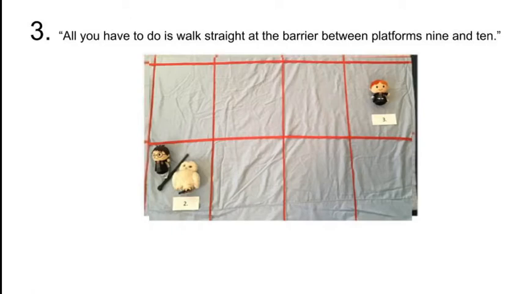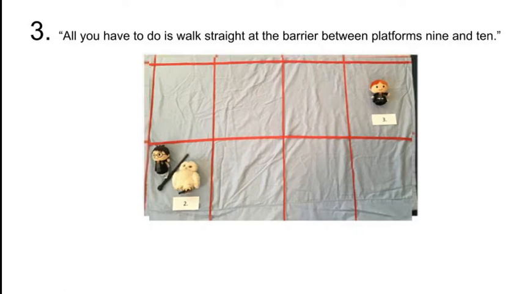platform 9 3/4, where he meets Ron. We need to move Harry to scene 3, where Ron is waiting for him. How do we get there? Let's move him to the right. How many spaces should we move? 1, 2, 3.